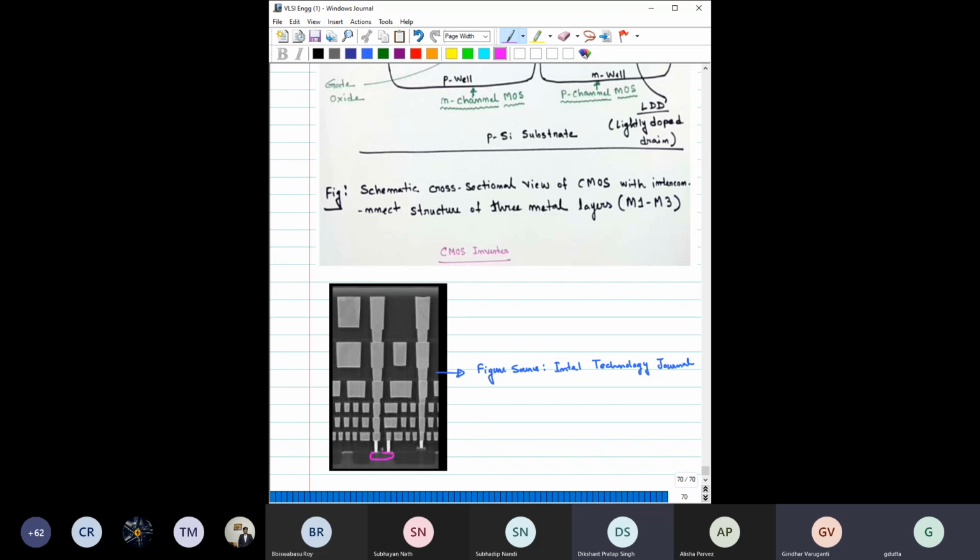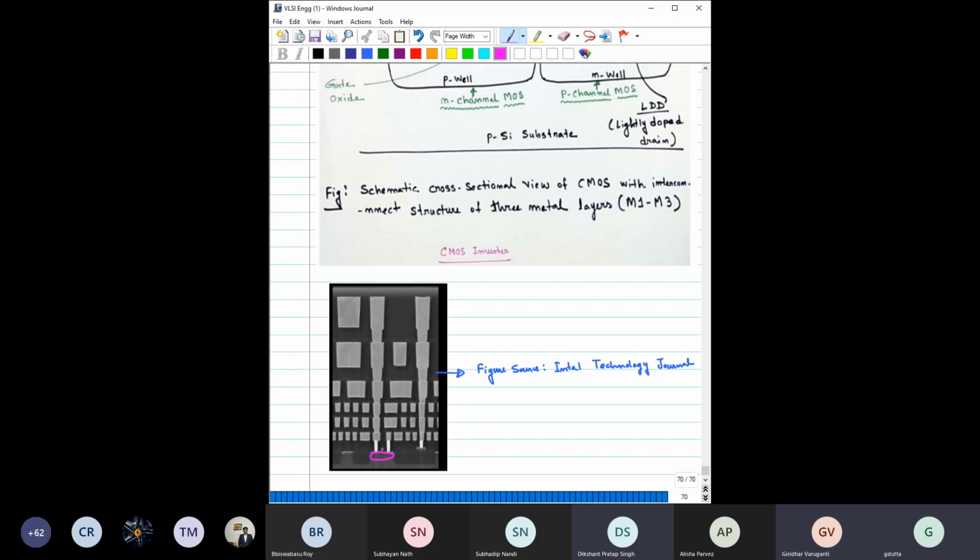Only. Now I am using my mouse because I cannot use the pen, otherwise it is writing everywhere. So see how many metal lines there are, right? One after another. And see, as you go above, the metal lines are getting wider, thicker and thicker, right? So this is an actual view, meaning you have taken a cross section and taken an actual view using scanning electron microscopy.